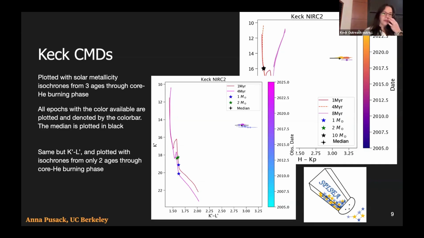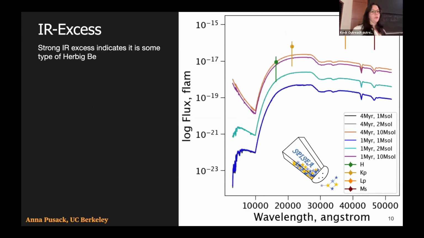If we take all of these magnitudes, another diagnostic that you can use for young stellar objects is to look for IR excess. And we do seem to see this with plotting quite a few different spectra, again, using the package Spisea, that there is color excess in the L and M off of the stellar spectra you would see here.